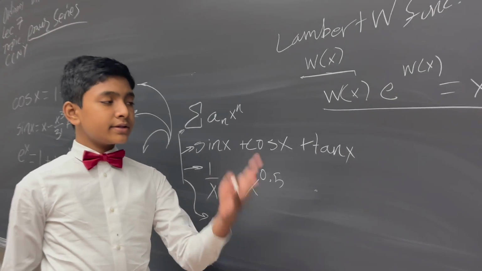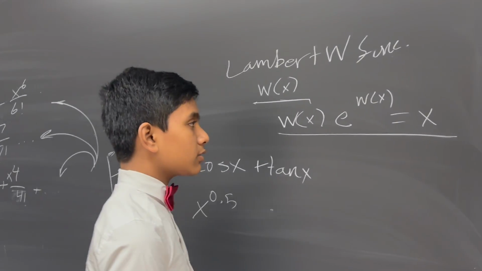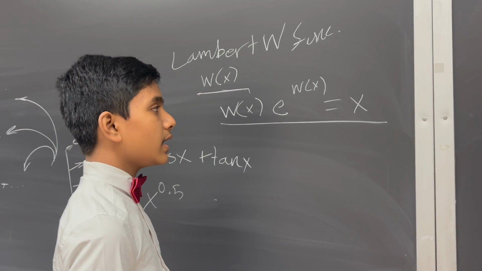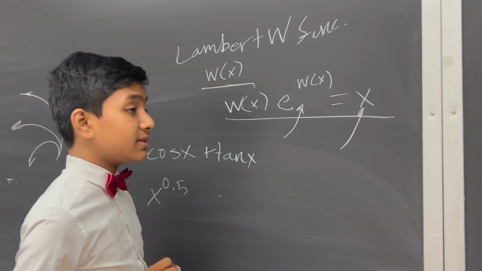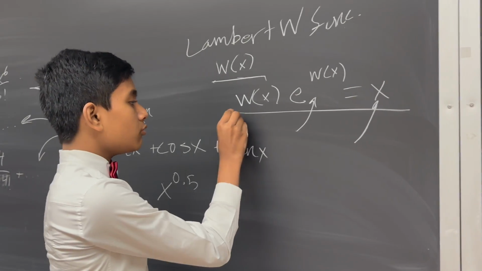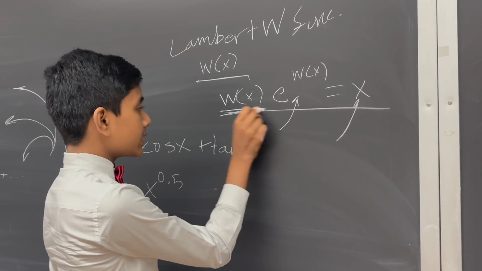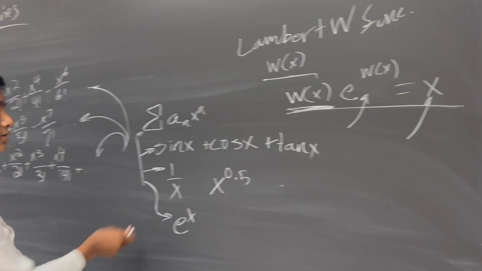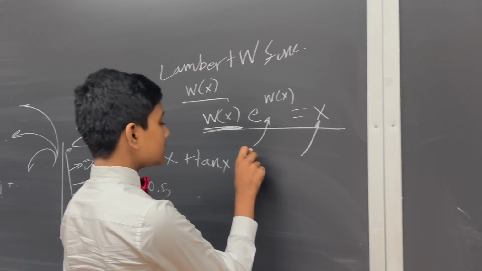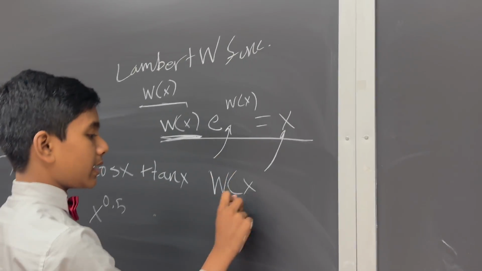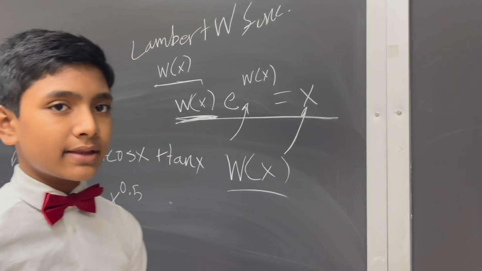There is no way to write this out in terms of an ordinary function. In other words, even though we've got elementary functions in this definition, there's no way to explicitly write the Lambert W function in terms of any of these. However, we can still write a power series for the Lambert W function, but we'll get to that later.